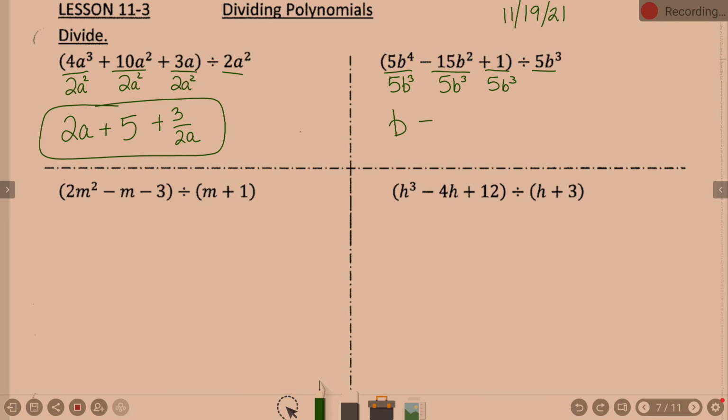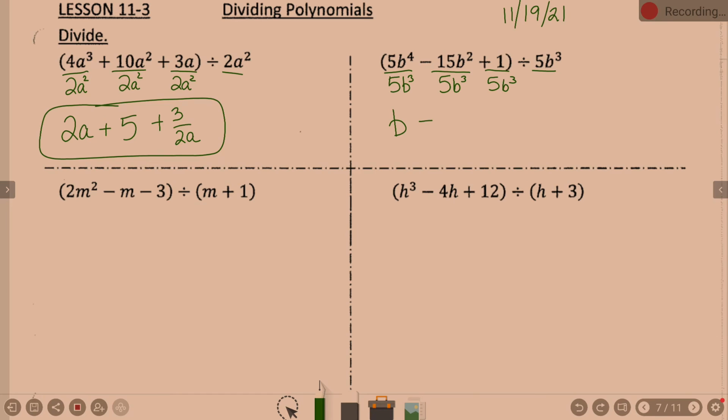15b squared divided by 5b cubed. Well, 15 divided by 5 is 3. Depending on what happens here, we can think of 3, or if we have to put it in a fraction, that's 3 over 1, because it's like dividing both of these by 5. Now, if we talk about b's for a moment, how many b's can we cancel?